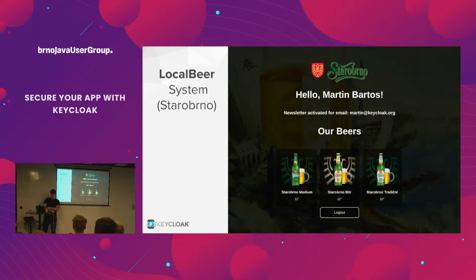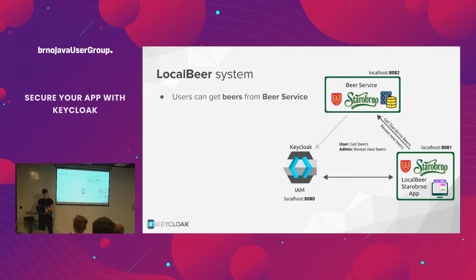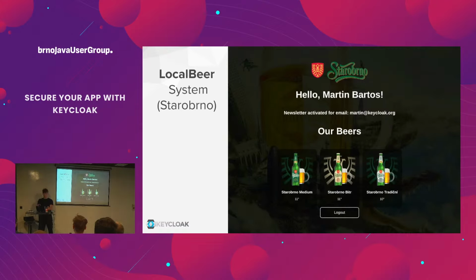So the concept is that users can authenticate to the application and then see the possible beers that Staro Brno offers, right? We have 3 beers right now, and only authenticated users can see them, right?